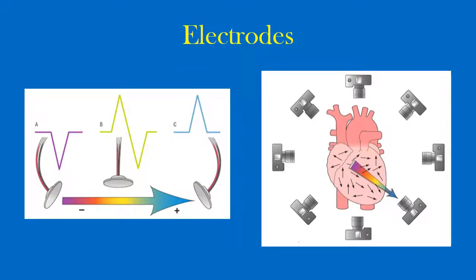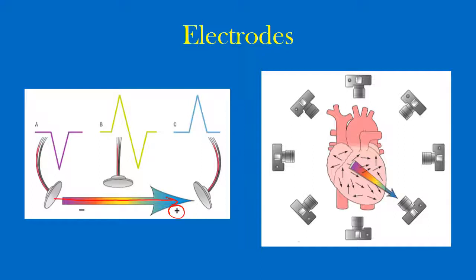So what are these electrodes or leads that we are talking about? Imagine these electrodes as sensing devices that pick up any electrical activity that occurs underneath them. Let's start by taking a look at this image on the left. When a positive electrical impulse moves away from an electrode, so coming from here, going towards the positive, this being the positive end, it results in a downward or negatively deflected wave.